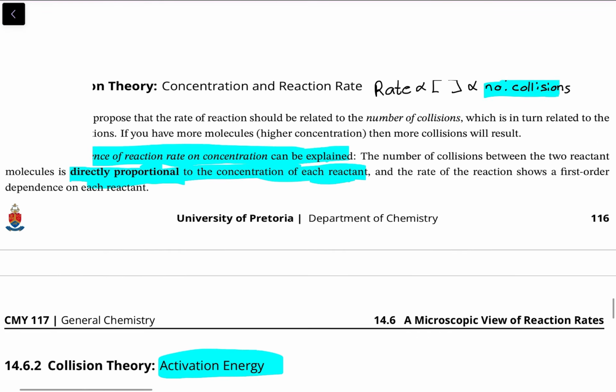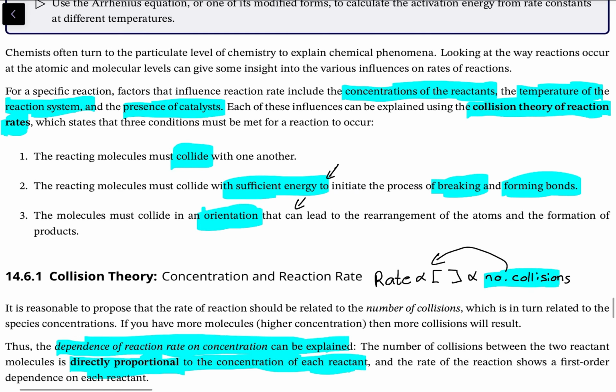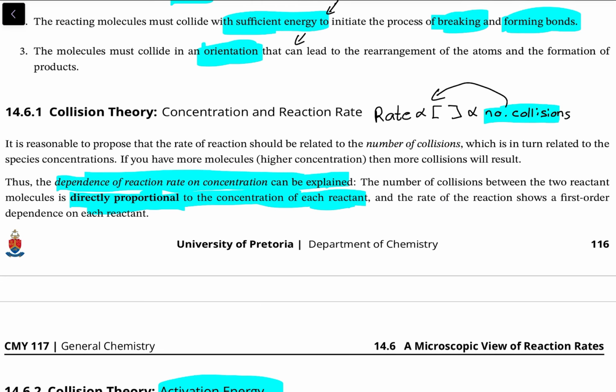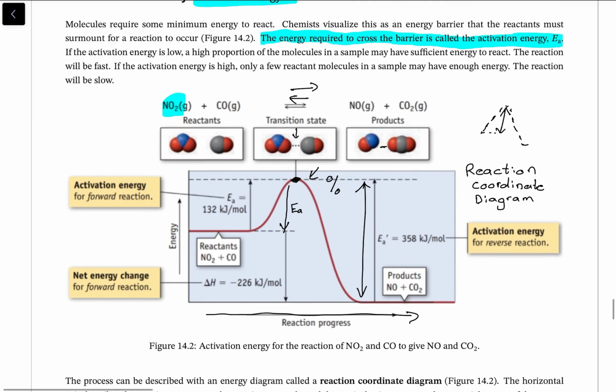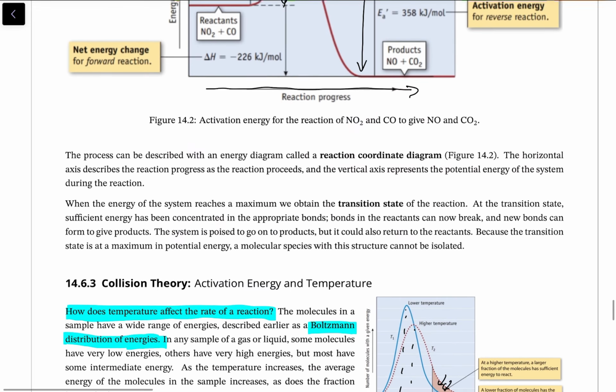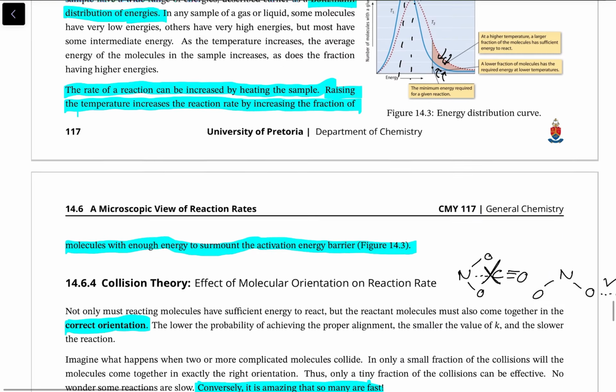Right, so let's quickly revise. What have we learned? We learned that molecules must collide with one another, they need to have sufficient energy, and they need to have the correct orientation. We then said that if we increase the concentration, that leads to more collisions. That's it. We then spoke about activation energy and how we can use the temperature to assist us in overcoming it.